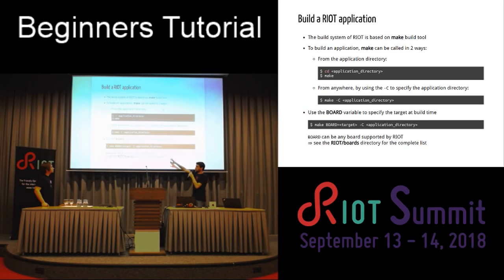Okay, so you can use, as I said, the BOARD variable to specify the target at build time. And if you want a list of boards supported by RIOT, you can have a look into the RIOT source code, boards, and you have a full list of boards supported by RIOT. More than 120.